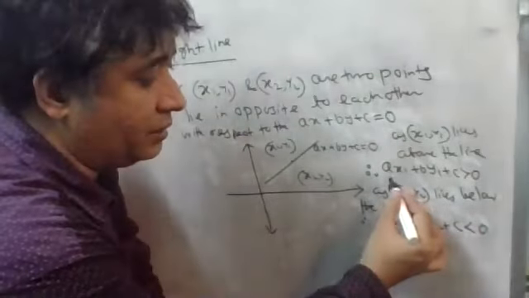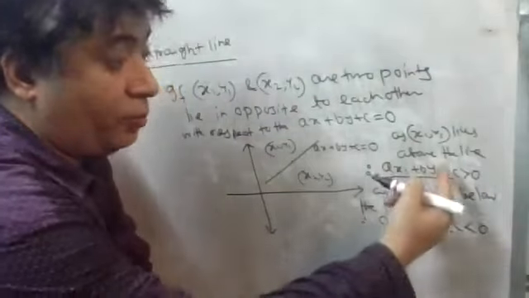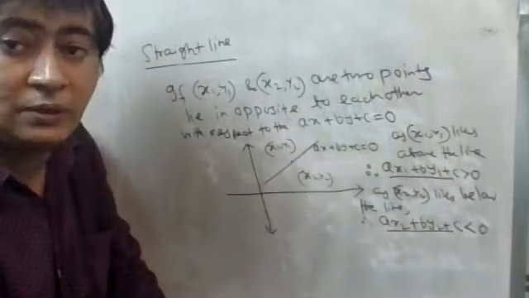Now you divide this by this, positive divided by negative.